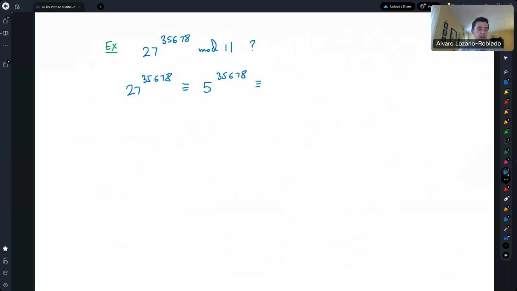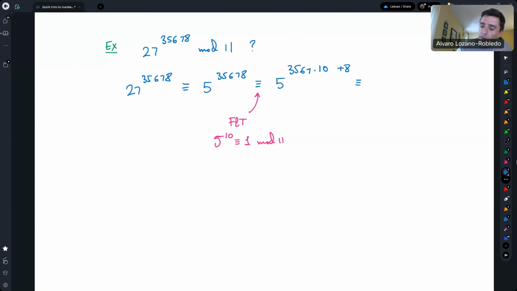Okay, now what can I do? Now 5 is a unit modulo 11, so Fermat's little theorem tells me that 5 to the 10 is congruent to 1 modulo 11. So what I'm going to do is write this exponent as 3567 times 10 plus 8.